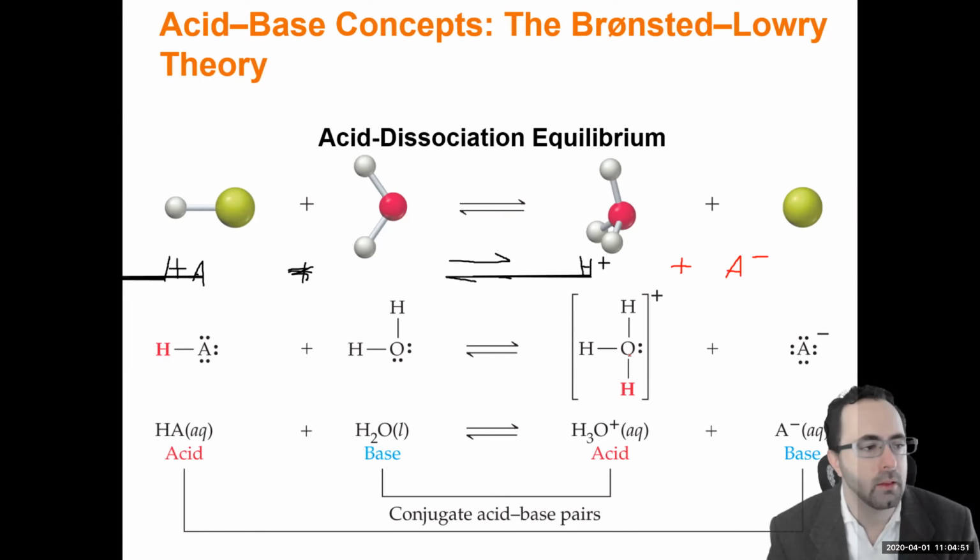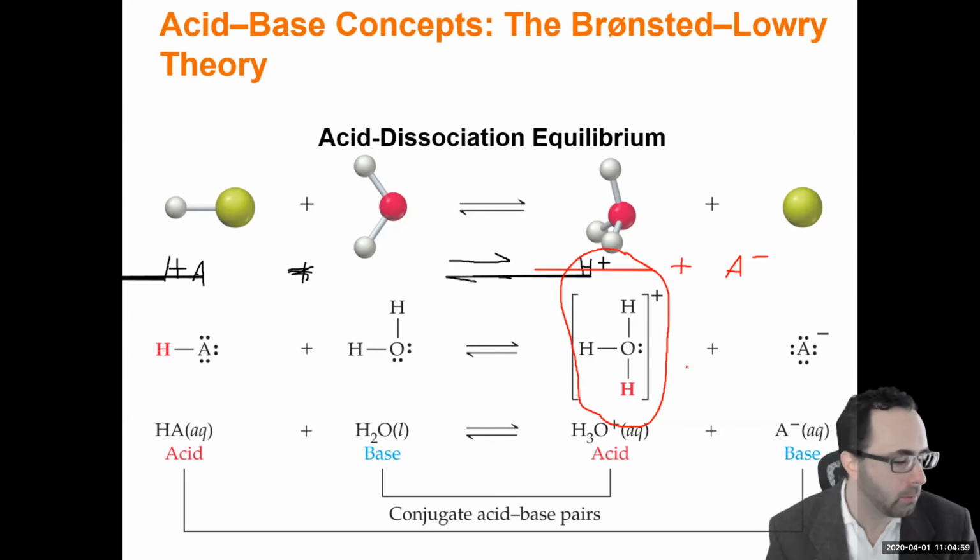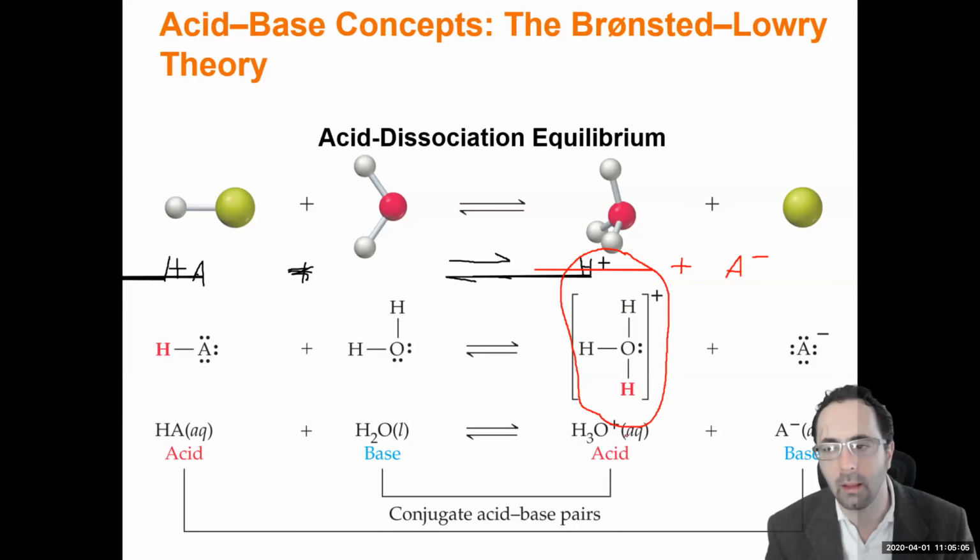Okay, and so H plus and H3O plus, these 2 are kind of interchangeable, meaning you can write H plus, or you can write H3O plus aqueous, and you mean the same thing. Because when you have an H plus in water, that H plus is actually going to be attached to the water generally.